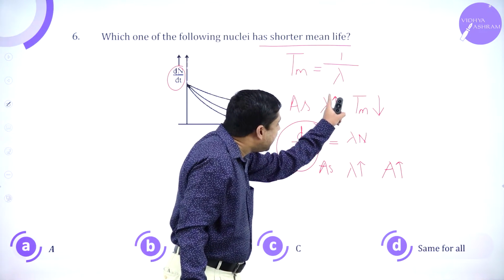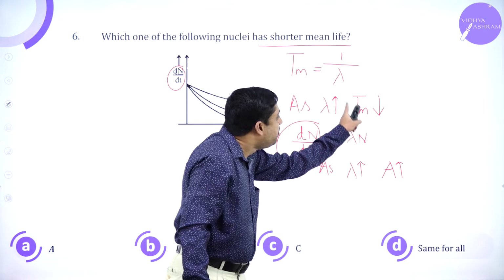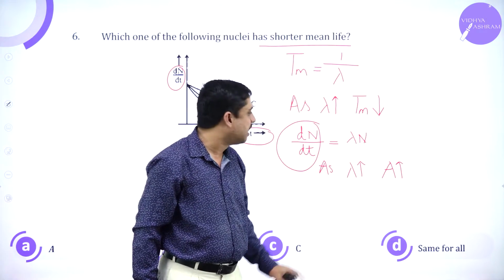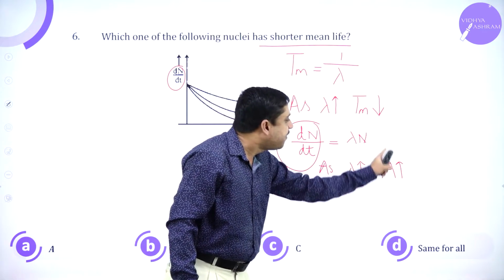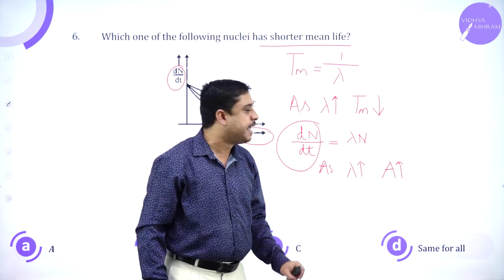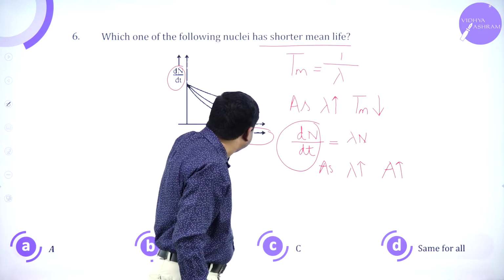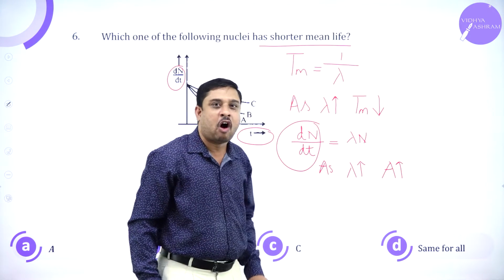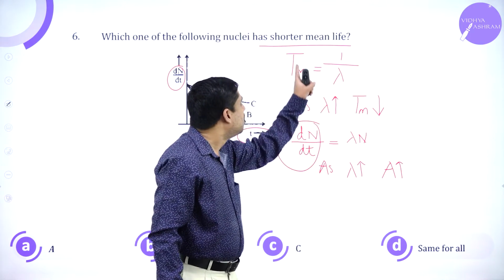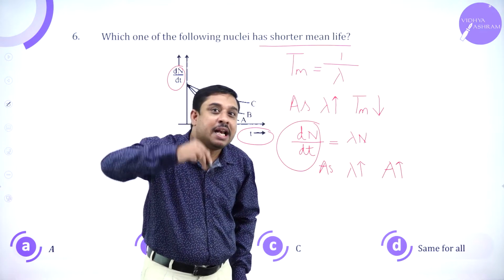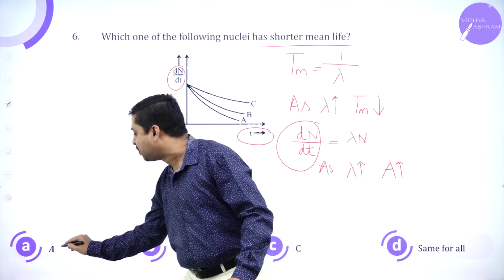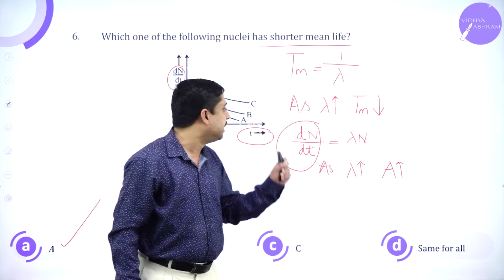As lambda increases, mean life decreases. As lambda increases, activity increases, which means the curve with a steeper line or a steeper curve should have more activity or less mean life. So it is option A.